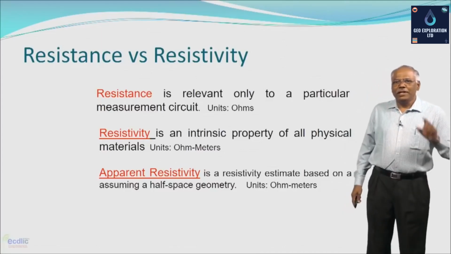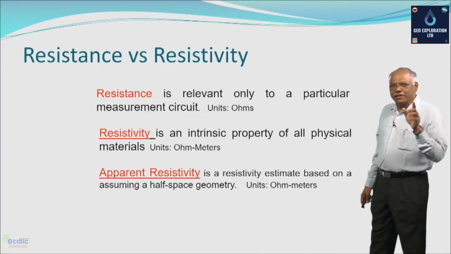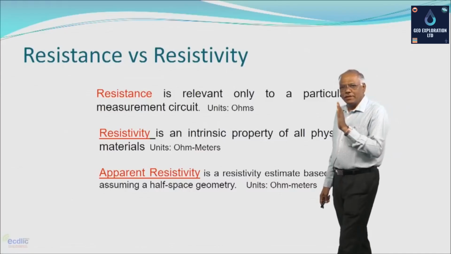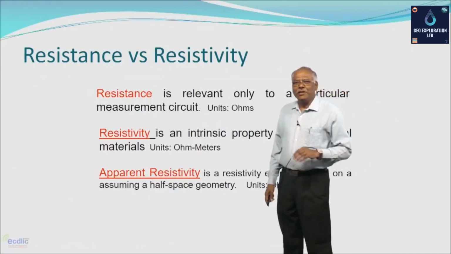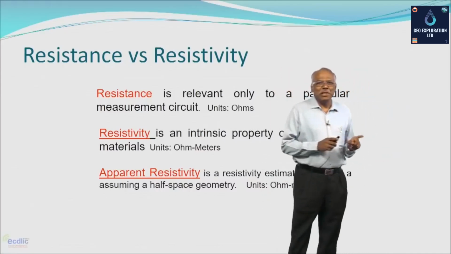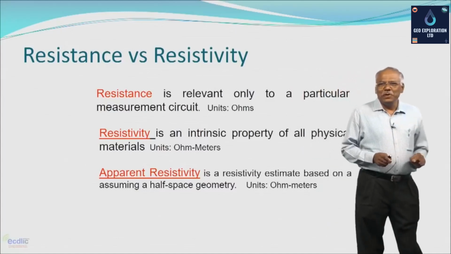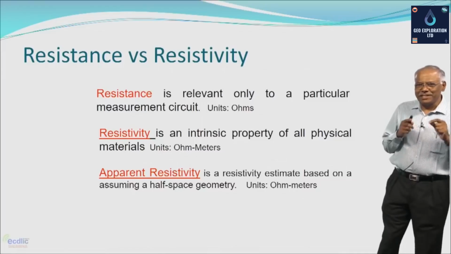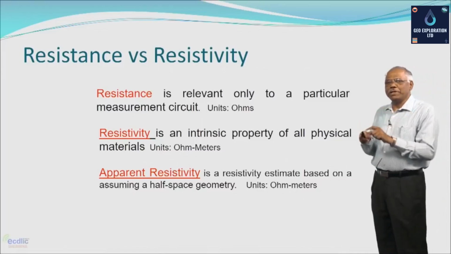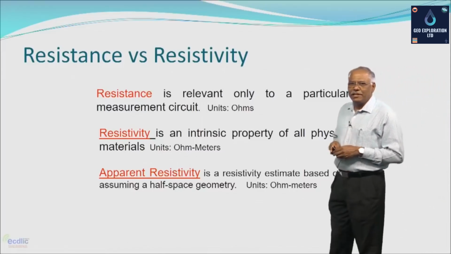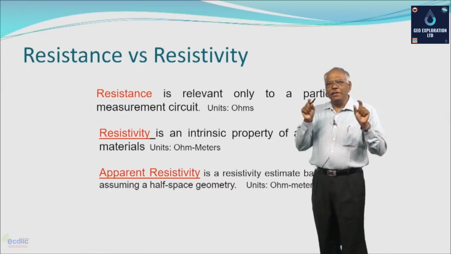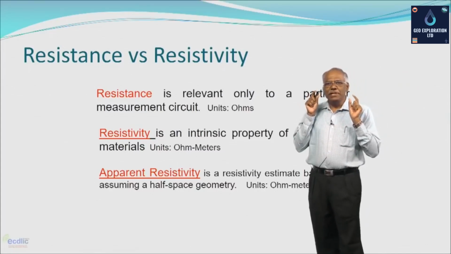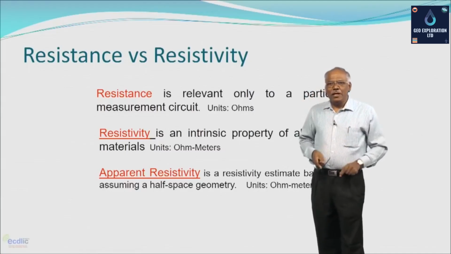Now let us try and understand the basic difference between resistance and resistivity. Resistance is relevant only for a particular measurement circuit, and resistivity is an intrinsic property of a physical material. These are two important properties that we need to understand the difference between.